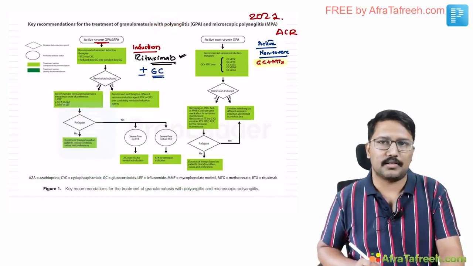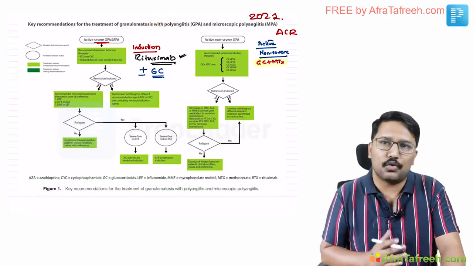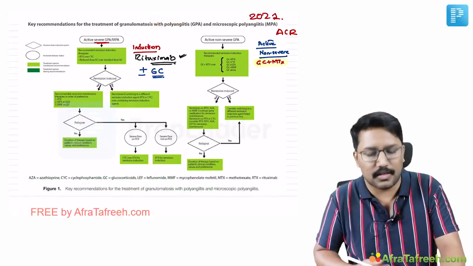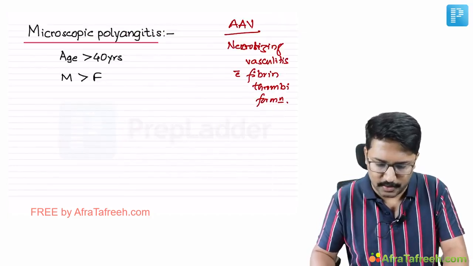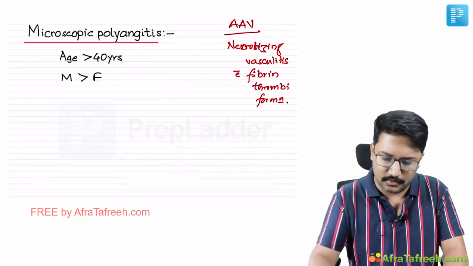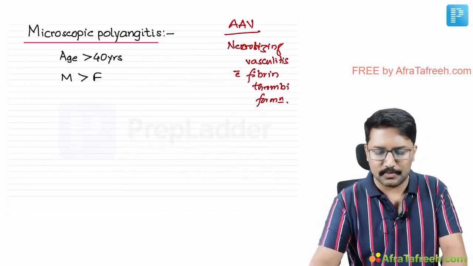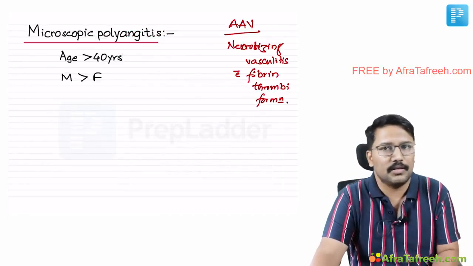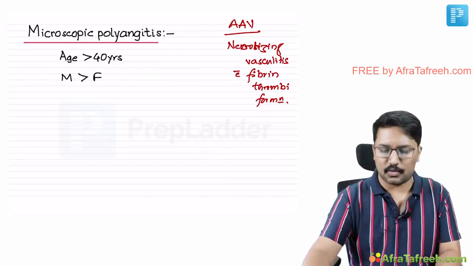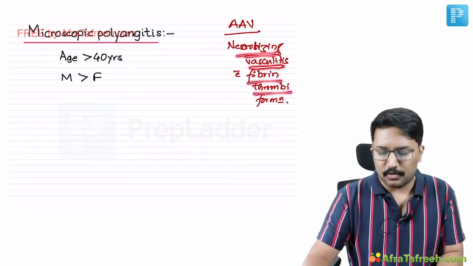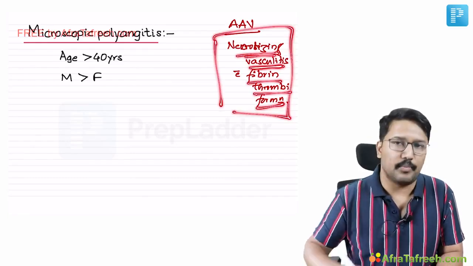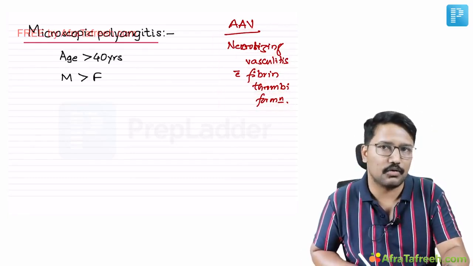granulomatosis with polyangiitis. Now, having understood this, let us go to the next vasculitic entity, that is microscopic polyangiitis, right? As we have already understood, when we talk about ANCA-associated vasculitis, we are talking about a necrotizing vasculitis with fibrin thrombi formation. That will be the standard template here, but here we don't see granuloma occurring.